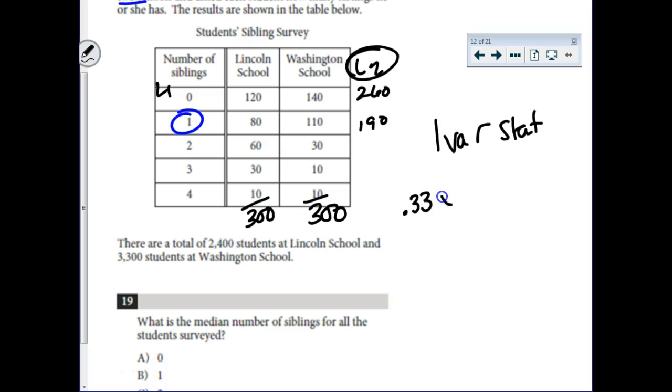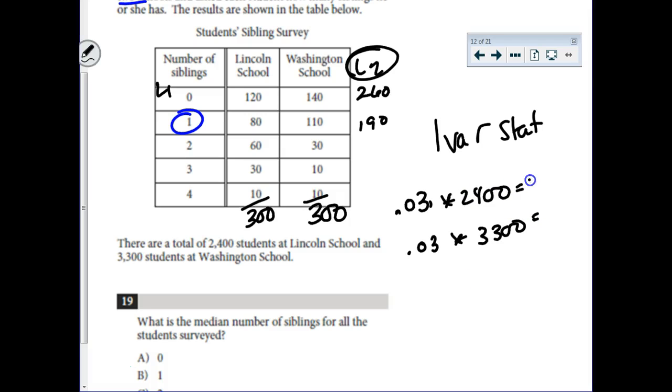Now let's talk about the populations: 0.03 times 2,400 and 0.03 times 3,300. Jeez, I'm confusing today. What are these numbers?